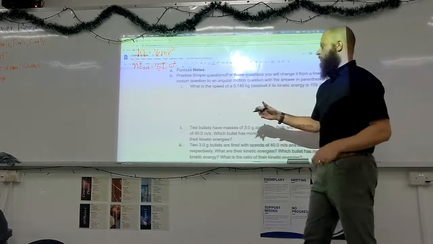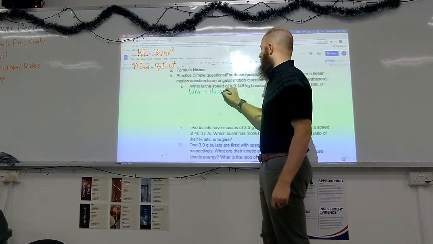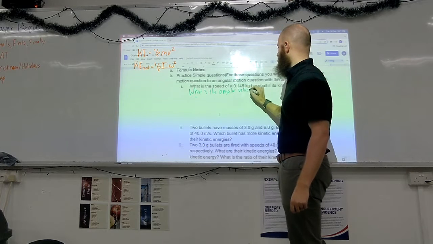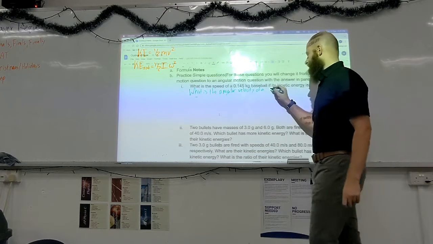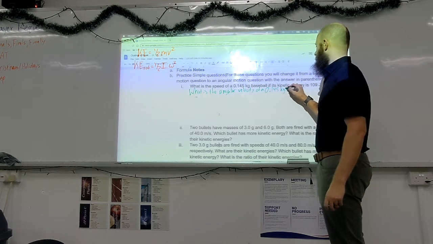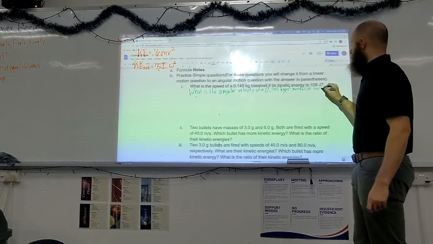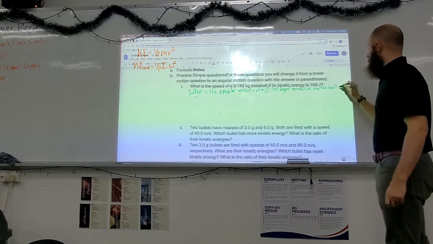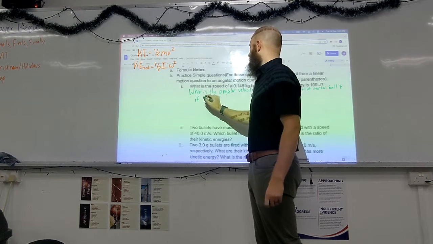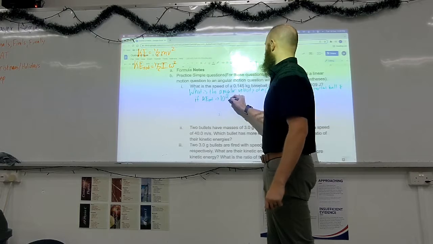So it's going to be, what is the angular velocity of a 0.145 kg meters squared moment of inertia ball if its KE rot is 109 joules?